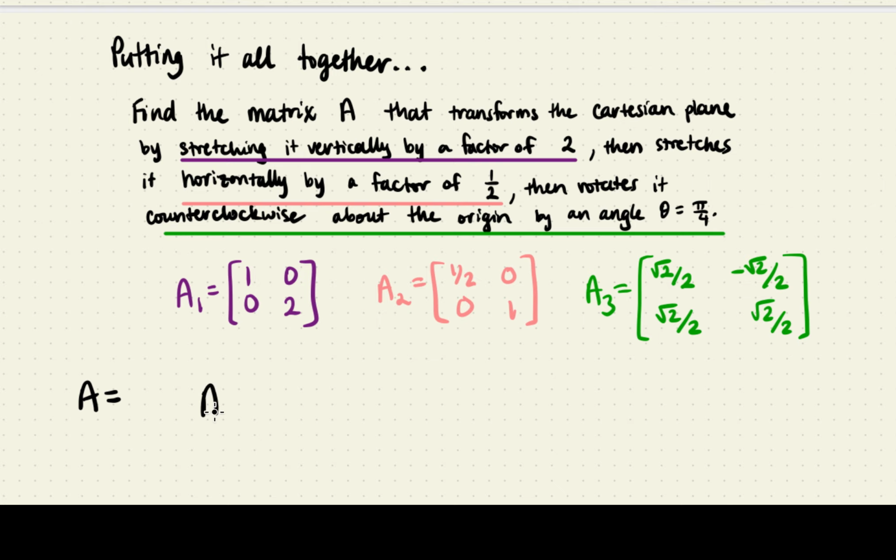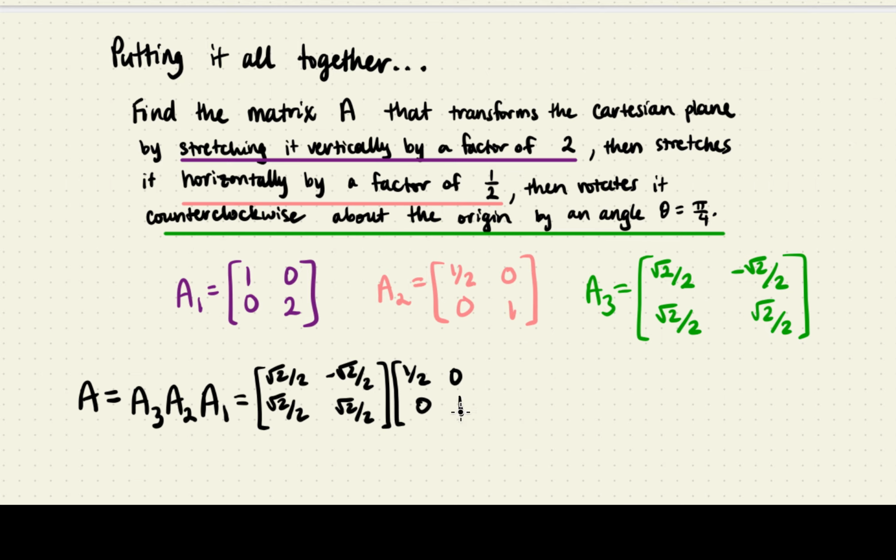A1 will be on the right, A2 will be next, and then A3 will be on the left. So I'm going to have root 2 over 2 and root 2 over 2 in the first column, negative root 2 over 2, root 2 over 2 in the second column. That's A3. A2 is a half, 0, 0, 1, and A1 is 1, 0, 0, 2.